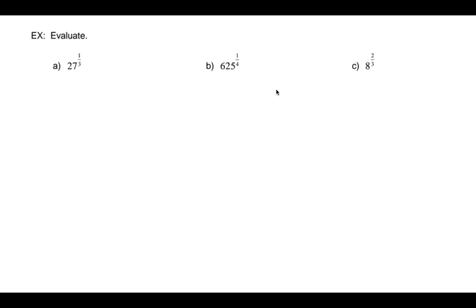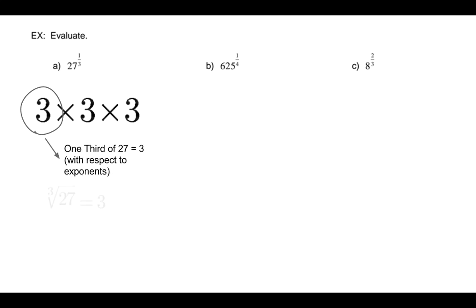So a couple questions you can try on your own. Certainly, you can pause it. 27 to the 1/3 is a third of 27, so break up 27 into three parts. And so 27 is 3 times 3 times 3. That's the 3 parts that give you 27, and 1/3 is just 3.